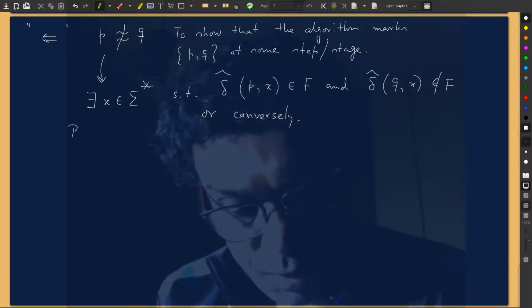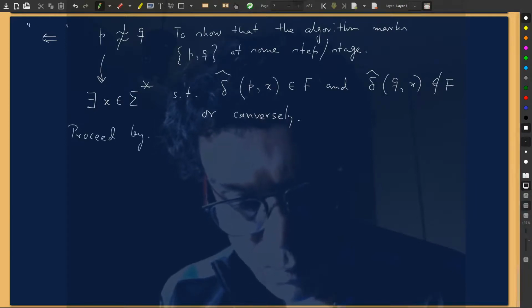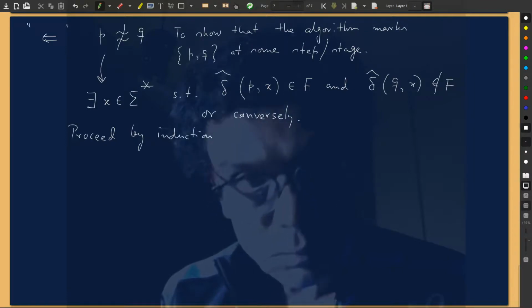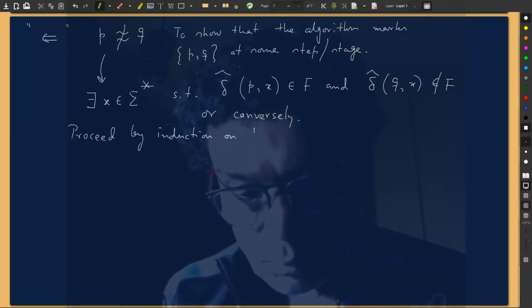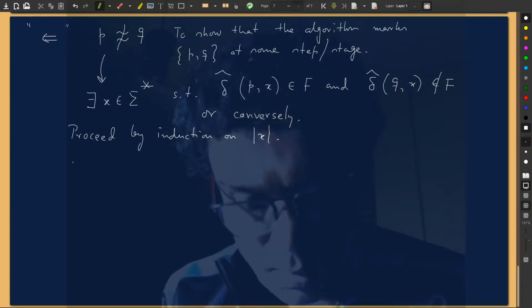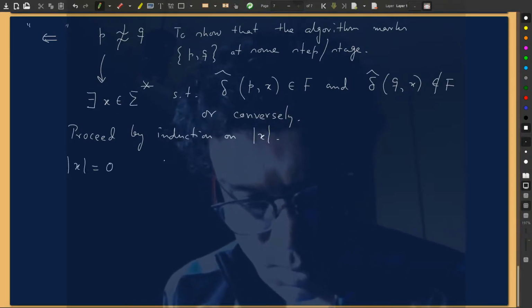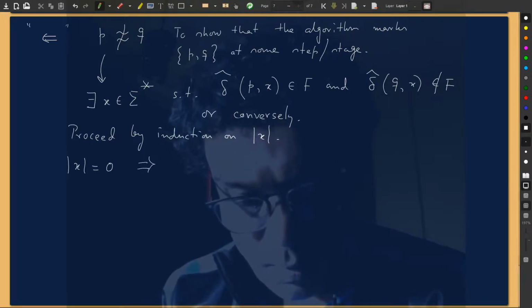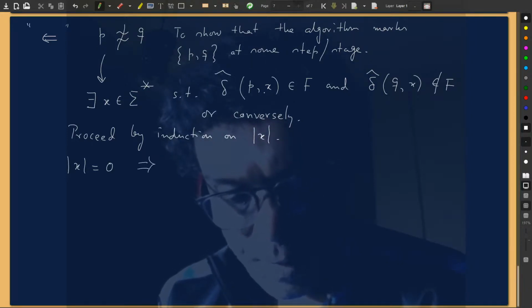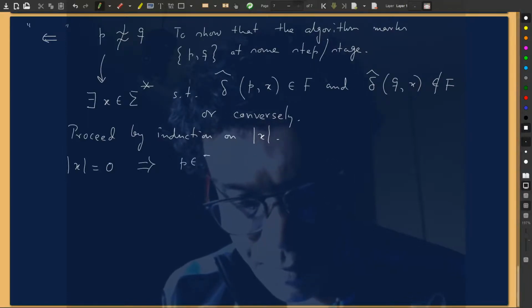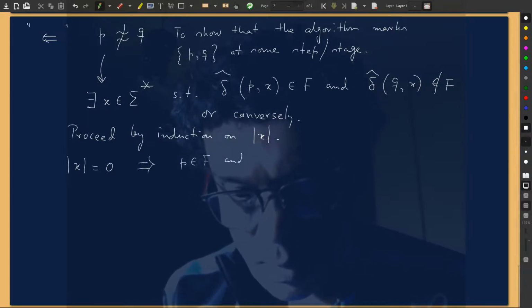So now we proceed by induction on the length of X. Okay, so basis: if this is 0, if this is epsilon, this basically says that P is in F and Q is not in F, or conversely.